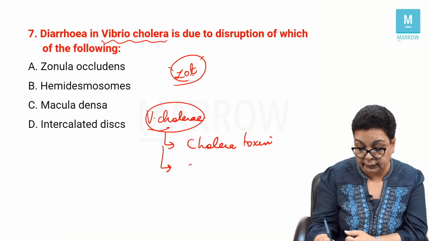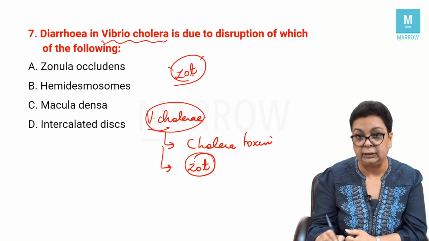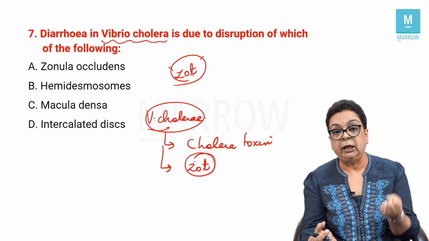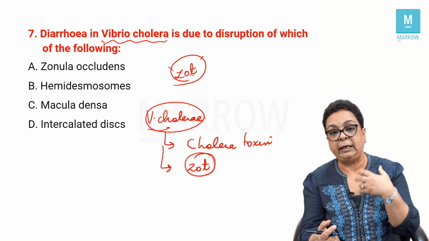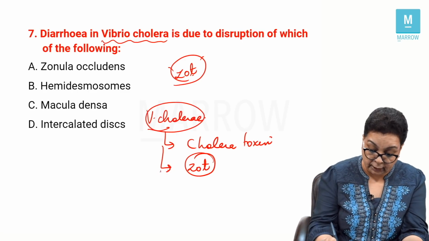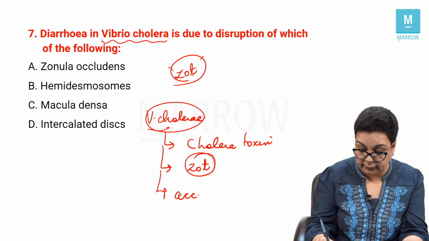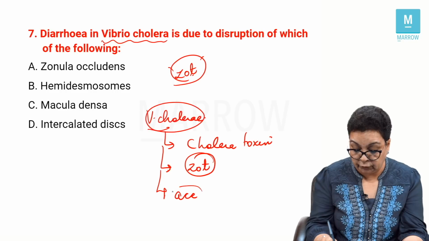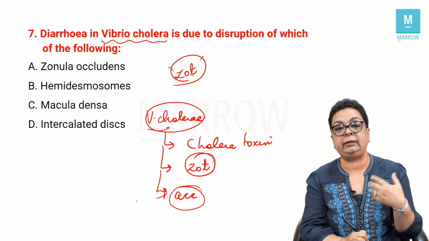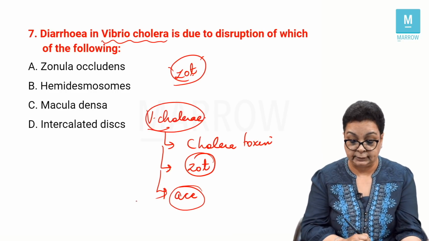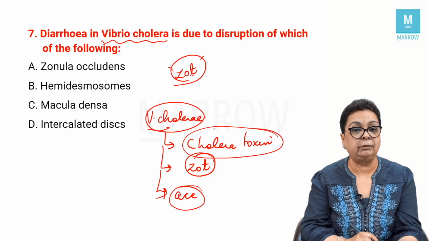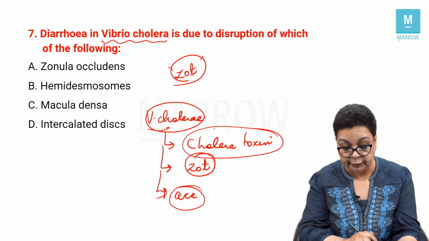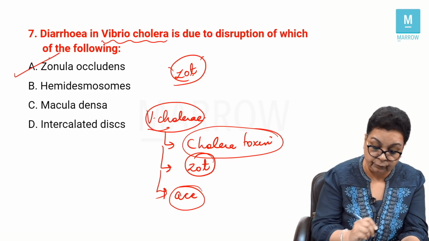They also secrete the zonula occludens toxin. The name itself suggests it disrupts the tight junctions between the enterocytes and thereby increases the permeability. And lastly, accessory cholera enterotoxin. This also contributes to the secretion of ions into the intestinal lumen, right? Of course, the major virulence factor remains the phage-mediated cholera toxin.